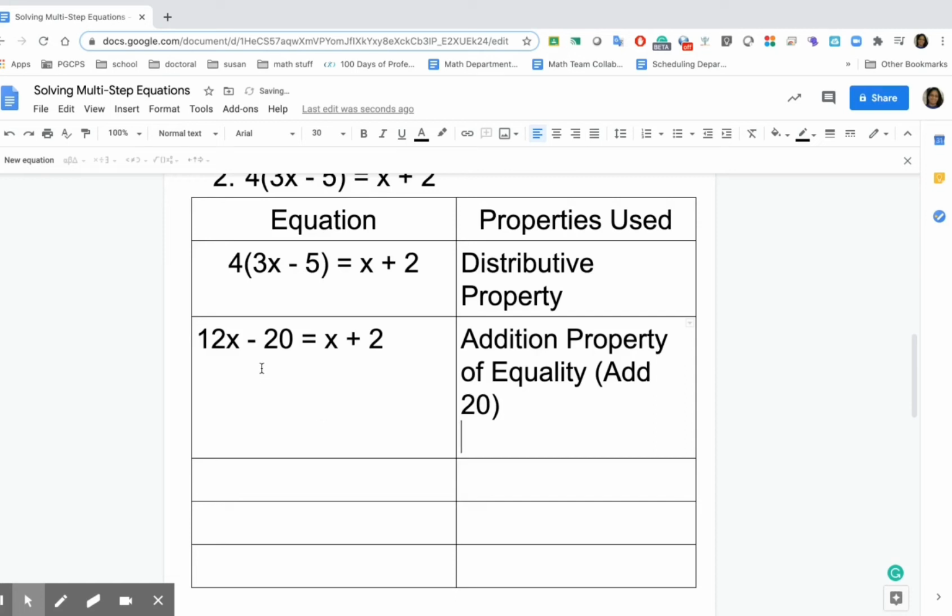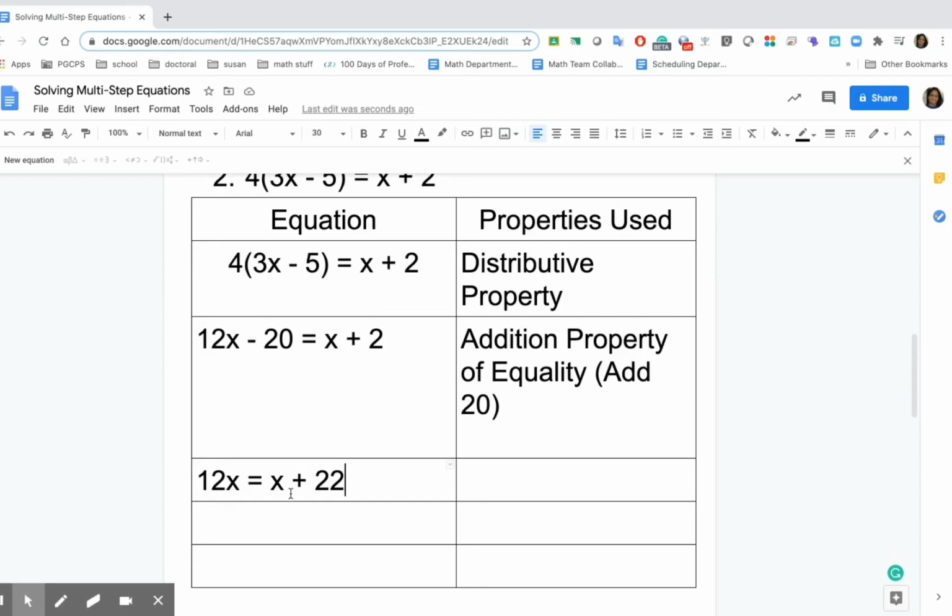Which means the left side will become 12x and the right side will be x plus 22. So negative 20 plus 20 is equal to 0. That's why there's no 20 on the left side. And 20 plus 2 is equal to 22.